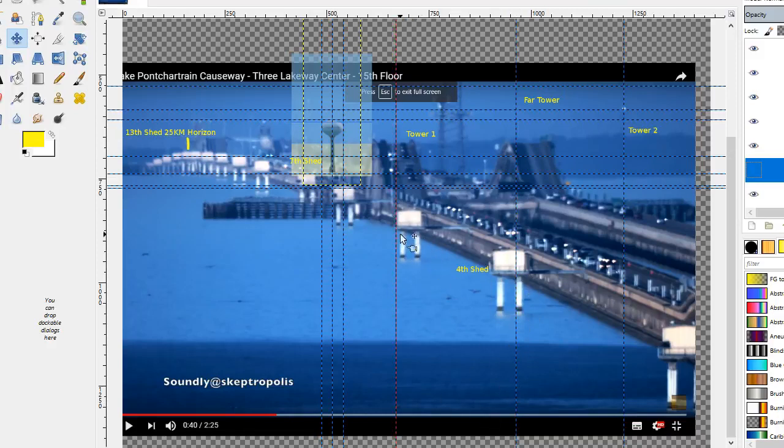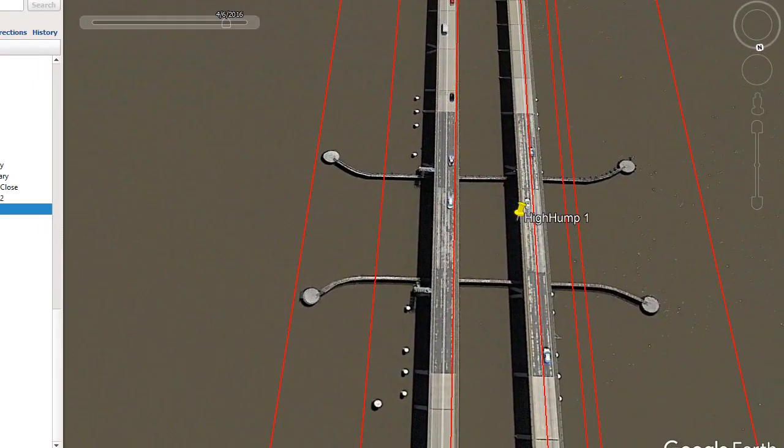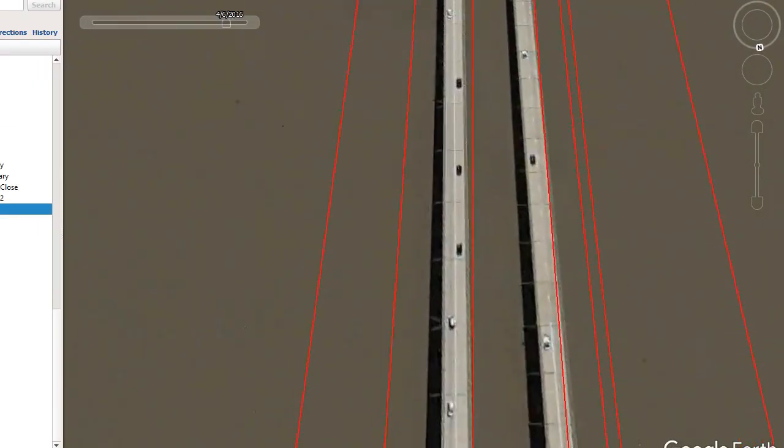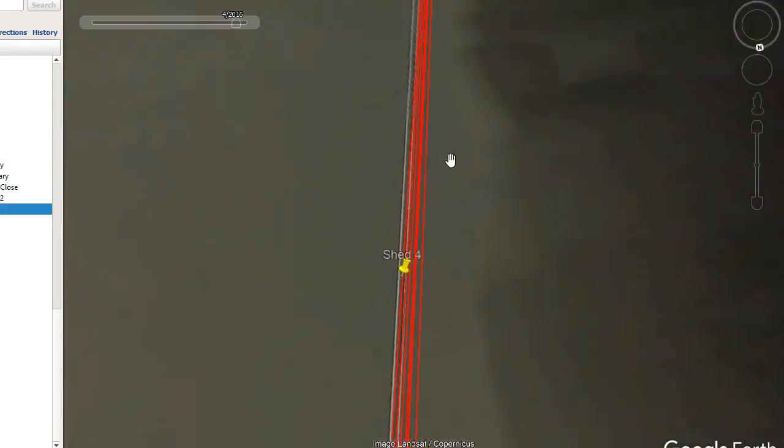Like, it doesn't change them really. I guess it changes them proportionally, but it changes the angle to the outside images in relation to the towers. So, but you can basically see on my, oops, where these lines converge is a pretty good estimate of where Soundly was.